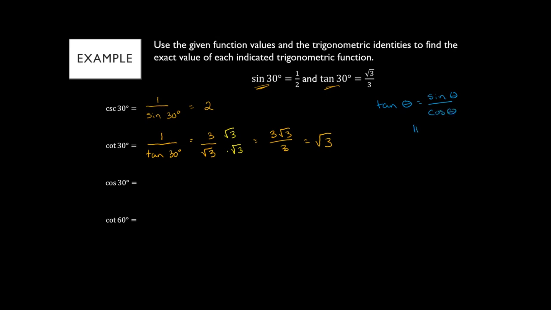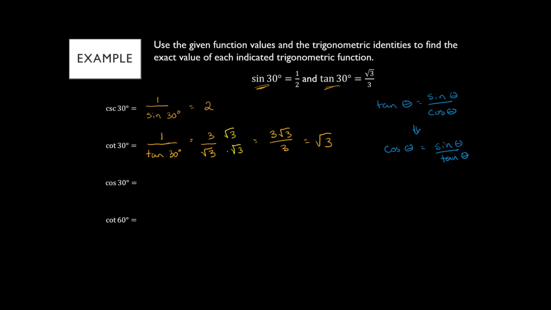So if you solve that for cosine, you get the cosine is equal to sine over tangent. So basically multiply both sides by cosine and then divide it by tangent. So we can use that trig identity, and then we can just use our numbers for sine and tangent to find the cosine of 30.